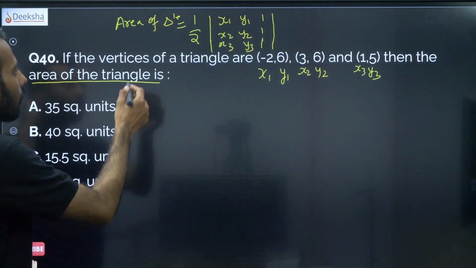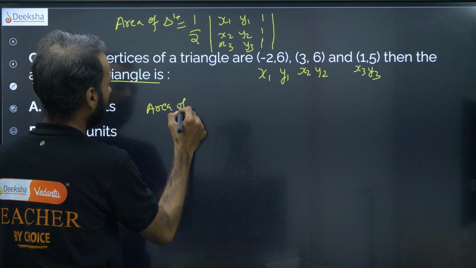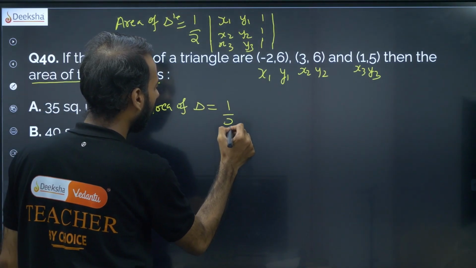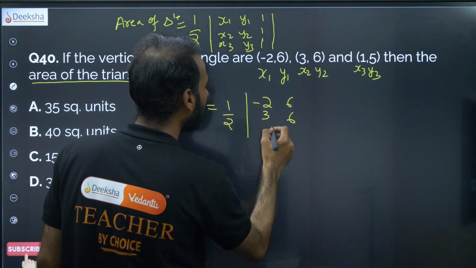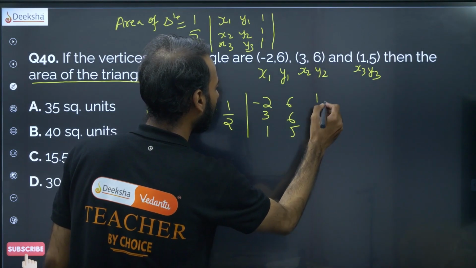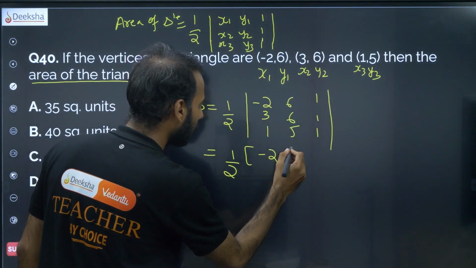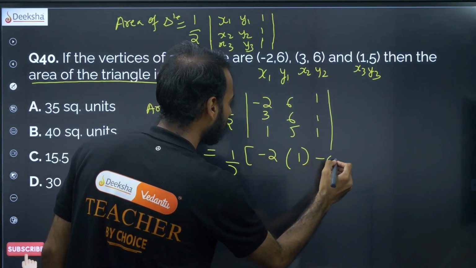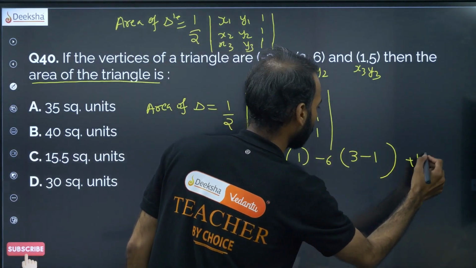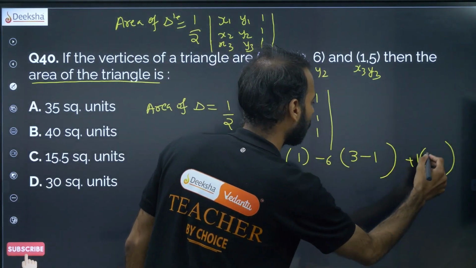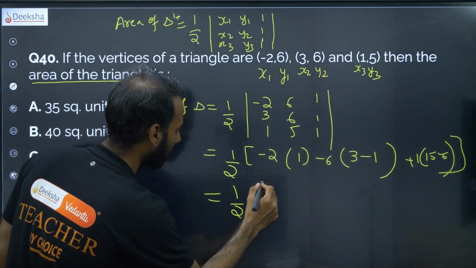Then for the area of the triangle, it is equal to half of the determinant with x1 is minus 2, y1 is 6, 3 6 1, 5 1 1 1. Next 1 by 2 times minus 2, 6 minus 5 is 1, minus 6, 3 minus 1, plus 1, 15 minus 6. If you simplify this, only addition and subtraction is there.